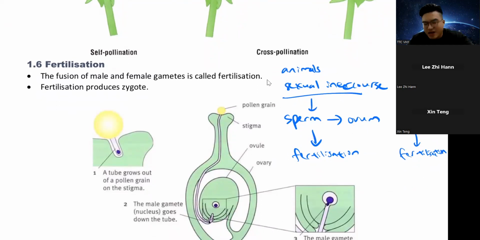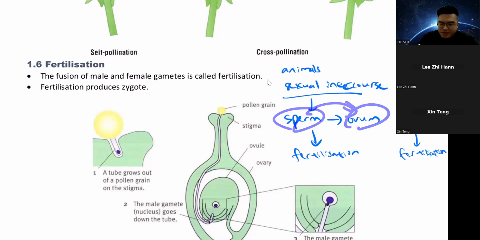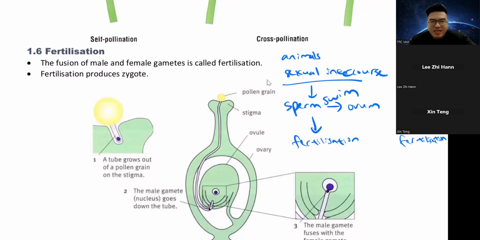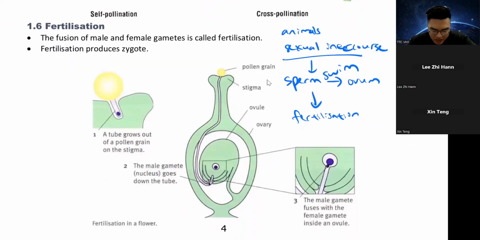So how do they do that? For animals, sperm will swim to the ovum, remember? But for plants, it's a bit different. They can't swim. So what will they do? Can you see this is the pollen grain? The pollen grain will grow a tube down and go find its ovule.